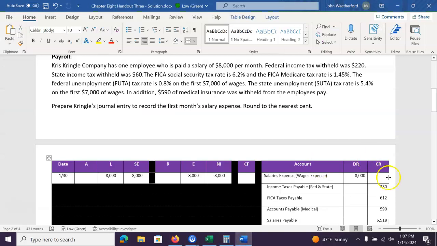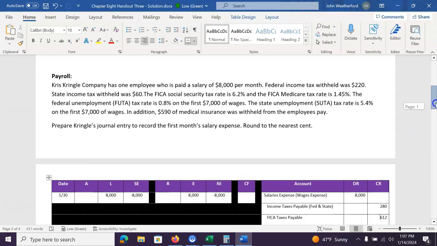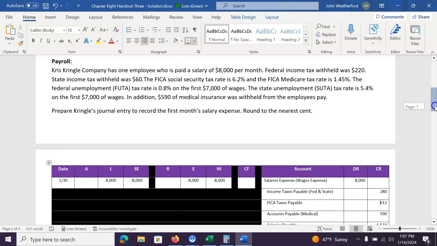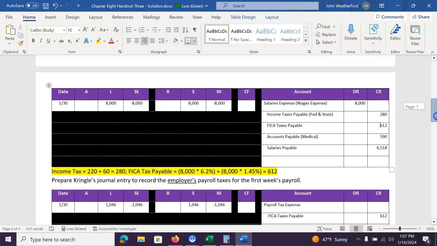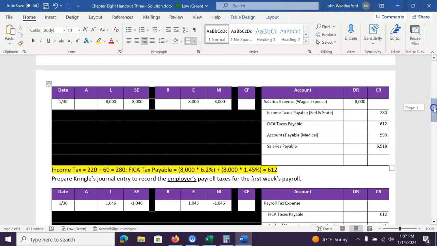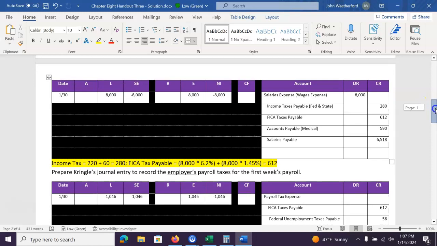So let's go back here, and we recorded the FICA taxes payable. That's the match from up here. Then federal unemployment tax payable. You could put FUTA payable if you wanted, for 56.